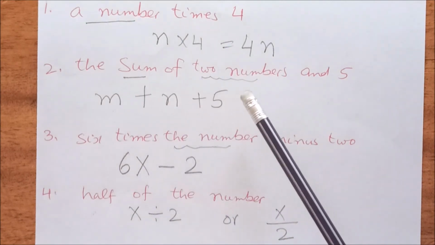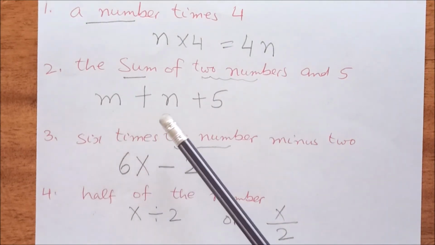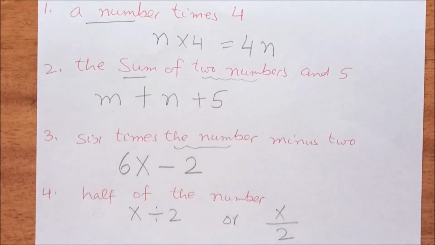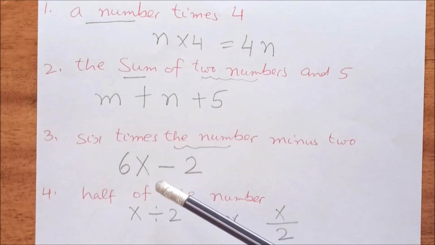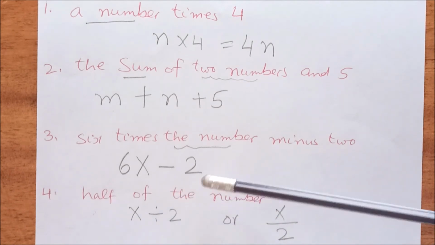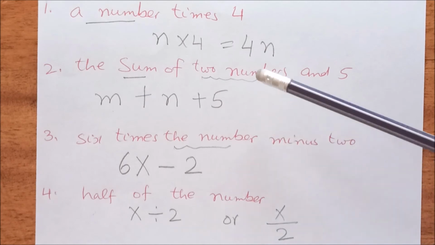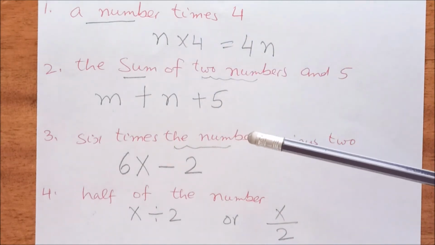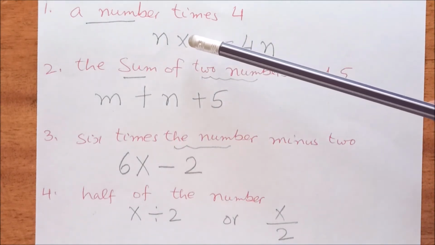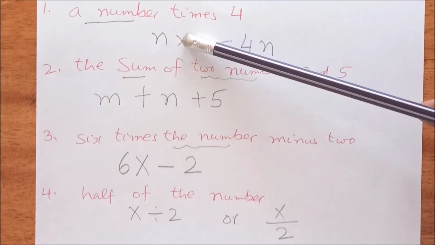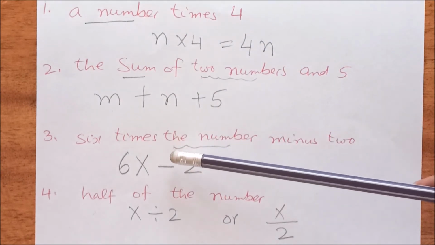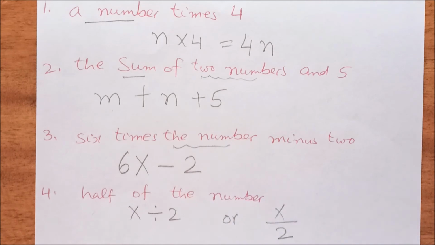The sum of two numbers m, n and 5. 6 times the number minus 2 is 6 times x minus 2. Then half of the number, we divide it by 2. So we have used different alphabets and different operational signs: multiplication, addition, minus and division.